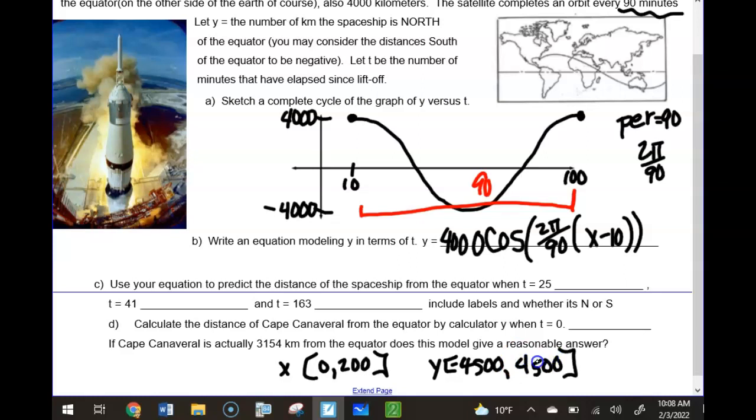Okay, so we have to remember, are we north or south of the equator? At 25 seconds. Ben, did you do 25 seconds? Little louder. 2004? North, 2000.